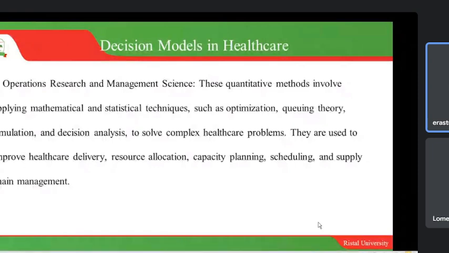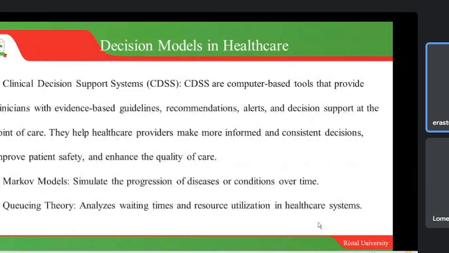Then we have these models, which are quite a number of them, so you need to understand the differences of each. We have what we call clinical decision support systems, or CDSS. These are computer-based tools that are going to provide clinicians with evidence-based guidelines. Remember, the key purpose is to be able to make the appropriate decision.